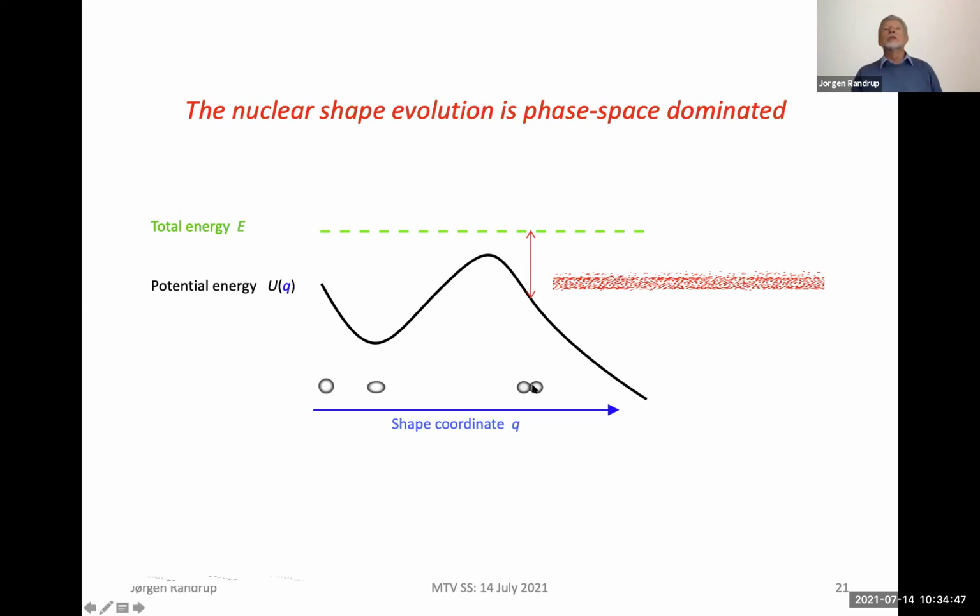When you have a given shape, you have a certain excitation energy, right? There's a total energy, there's the potential energy. So the nucleus is colder when you are on the barrier. It is warmer when you are near the minimum. So there's a lot of level density here, not so much here. And this guides how the diffusion goes.